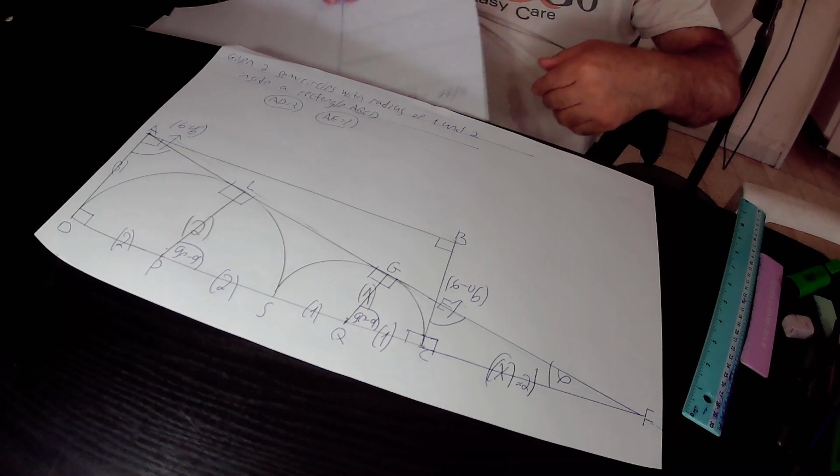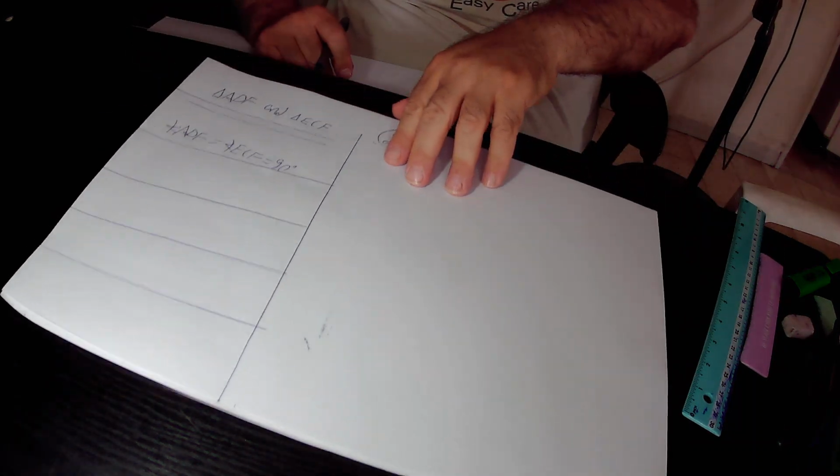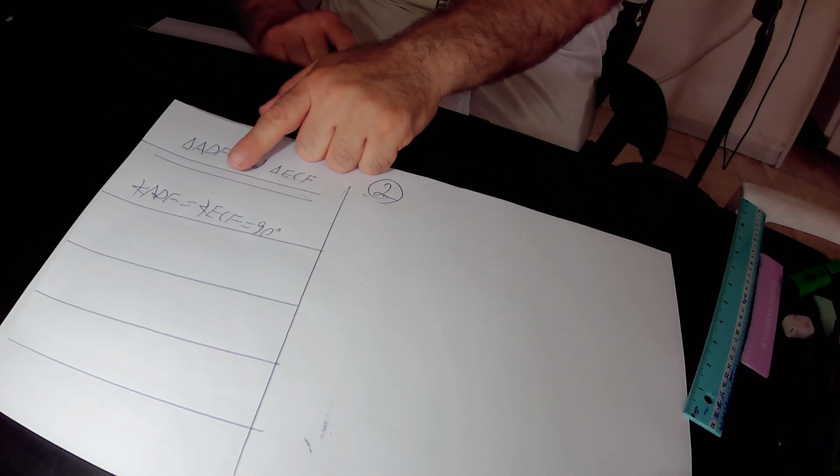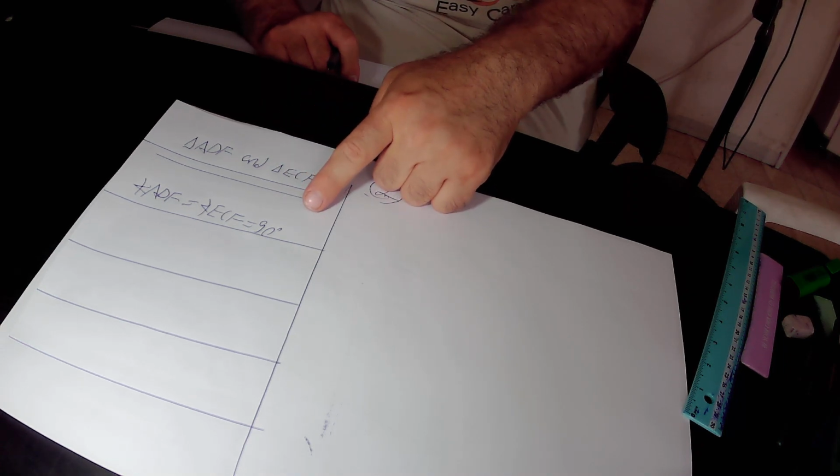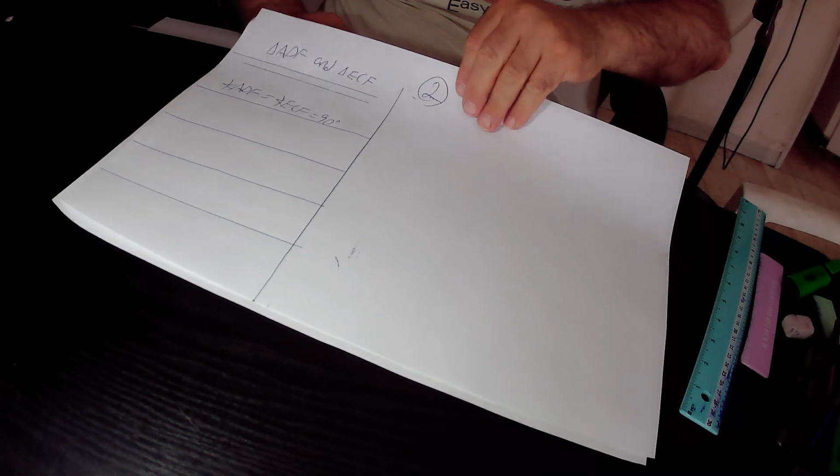So I'll repeat again. Angle ADF in the big right triangle ADF equals angle ECF in the small right triangle ECF. They are both equal to 90 degrees and therefore they are equal to each other.